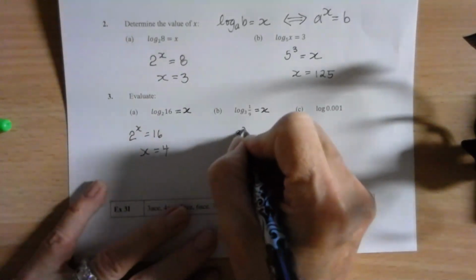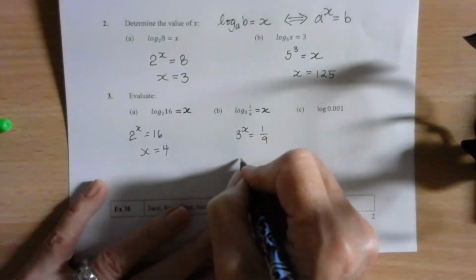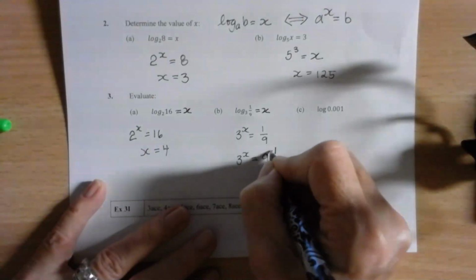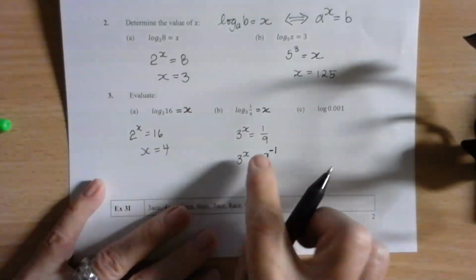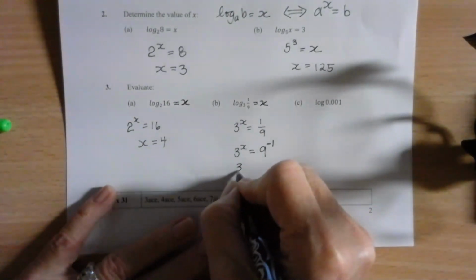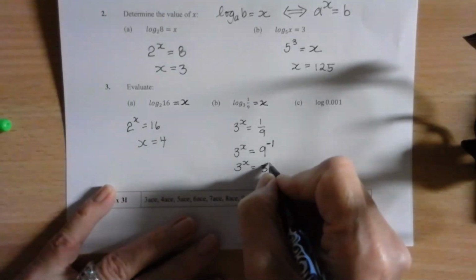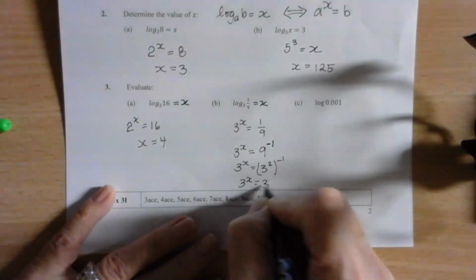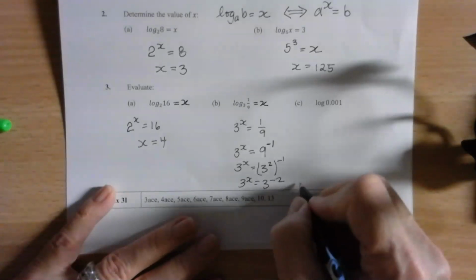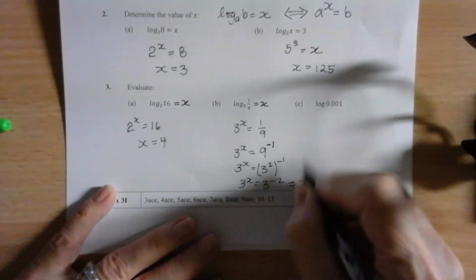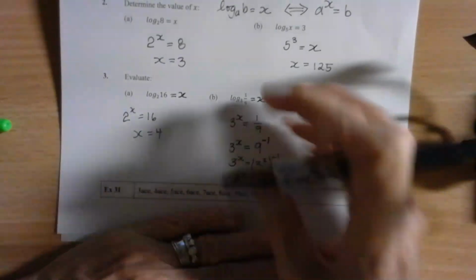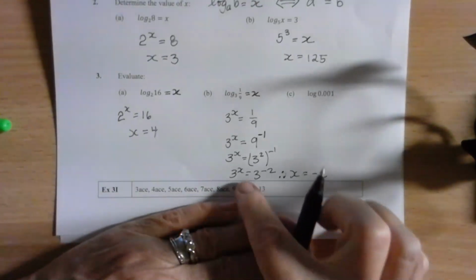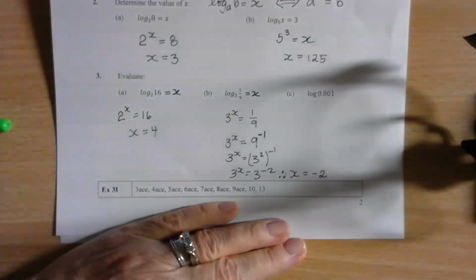So I go 3 to the x equals 1 on 9, and then I have to remember that when I have it in the bottom of a fraction, it turns to negative exponent. Then I kind of try to get the same base. So x is negative 2. Put therefore, and that would be better. These are the same, and the exponents are the same.